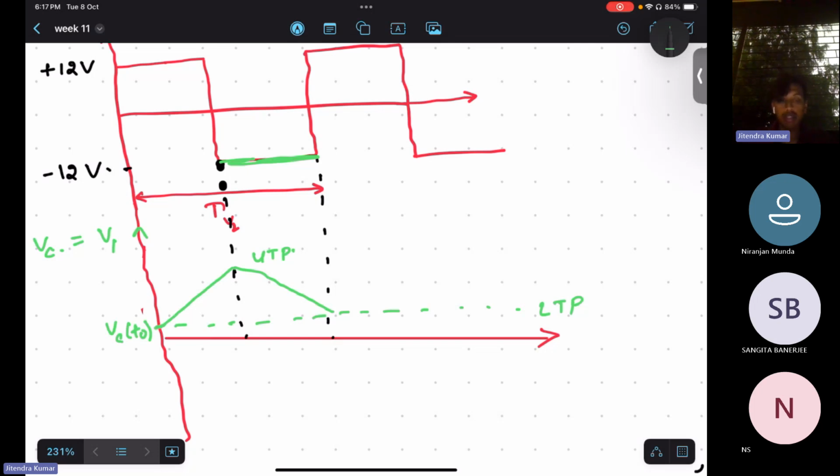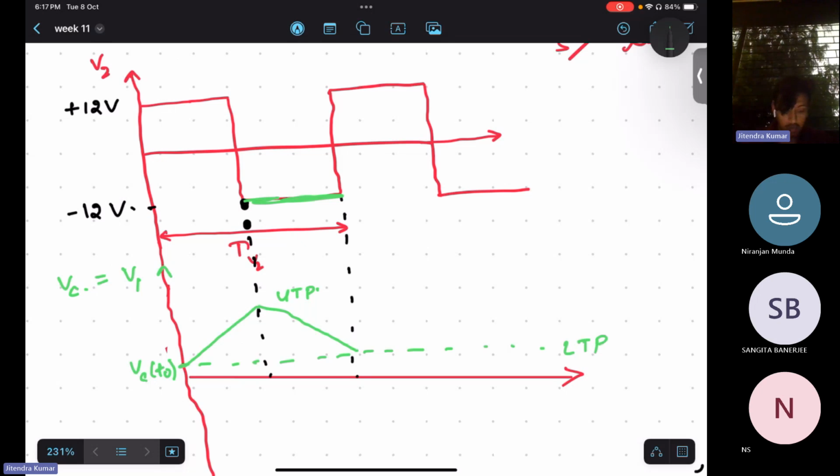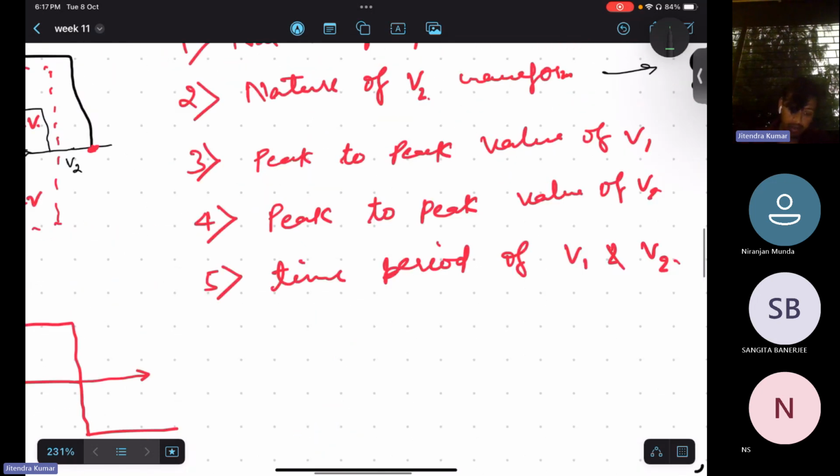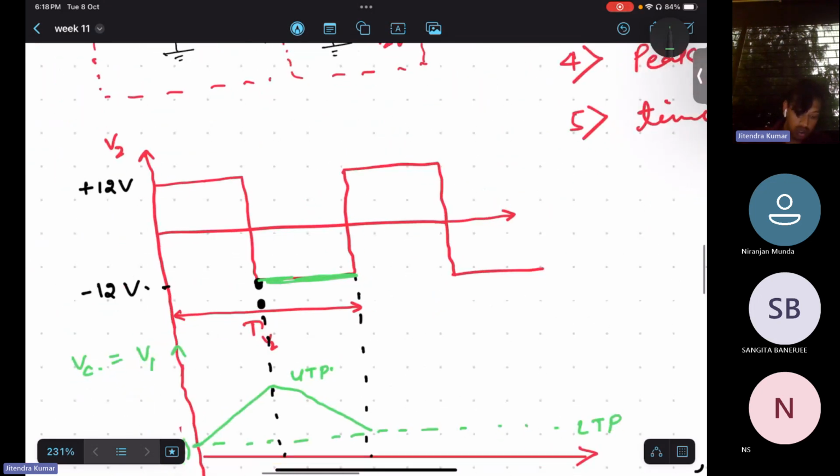We don't know the peak value or the peak to peak value of V1, do we? We have to find the peak to peak value of V1 first.